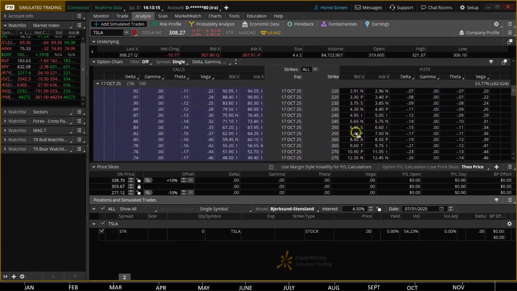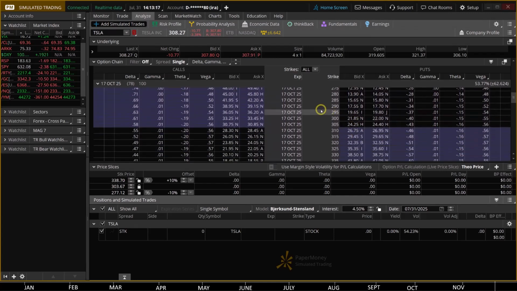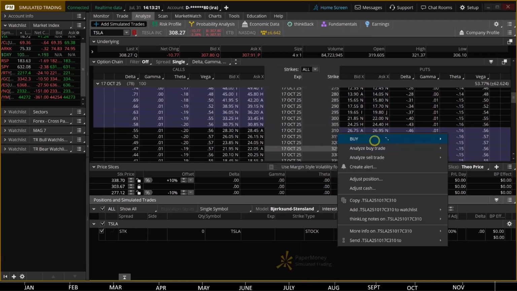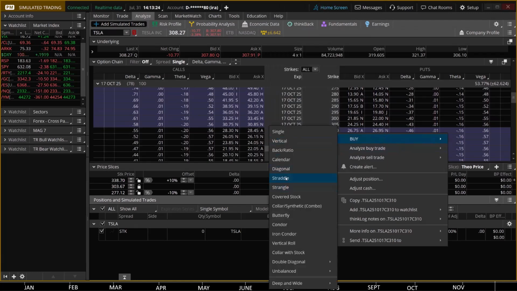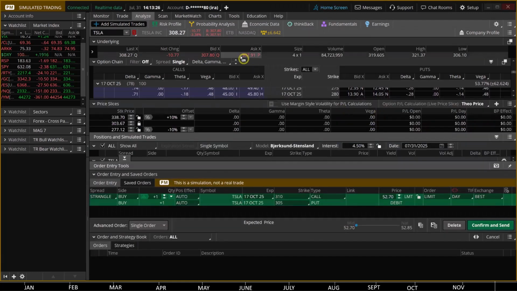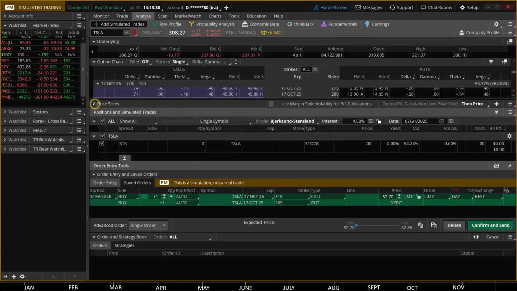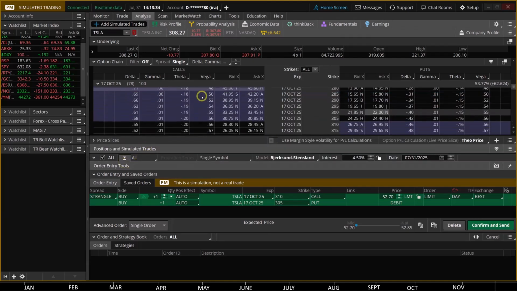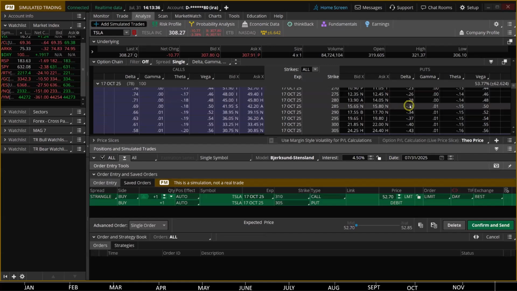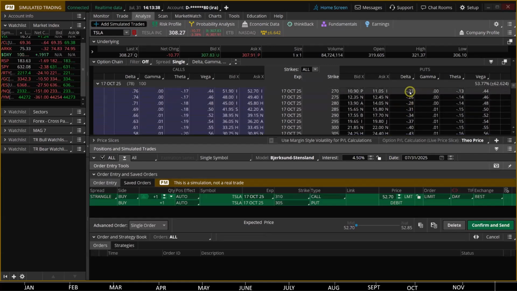You want to do more time when you're doing straddles and strangles because you're holding long options, so theta works against you on both sides of the equation. So if you buy, let's say, a strangle, because that's what we were talking about yesterday, let's move down our price slices, and we were going to do, let's say, the 270 on the put side.